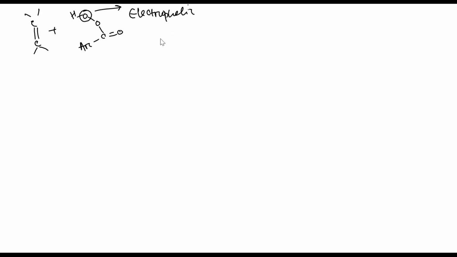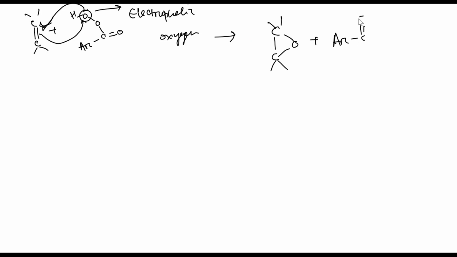So the reaction mechanism follows as: the alkene attacks the oxygen, and the lone pair of oxygen attacks this carbon, and there is formation of the C single bond C bonded to oxygen, with substituents, plus benzoic acid ArCOOH. This is the formation of the epoxide. By this method, reaction of alkenes with peracids, like perbenzoic acid or metachloroperbenzoic acid, produces epoxides.